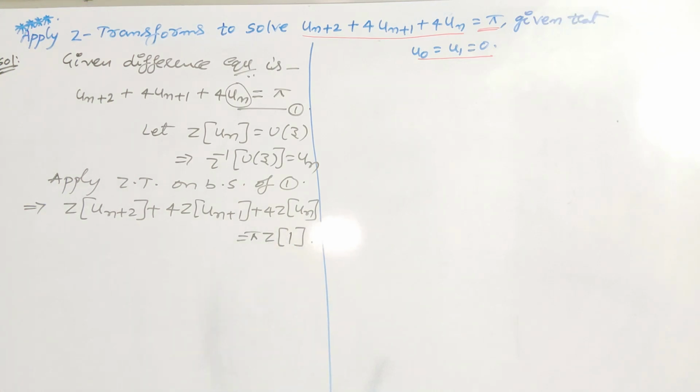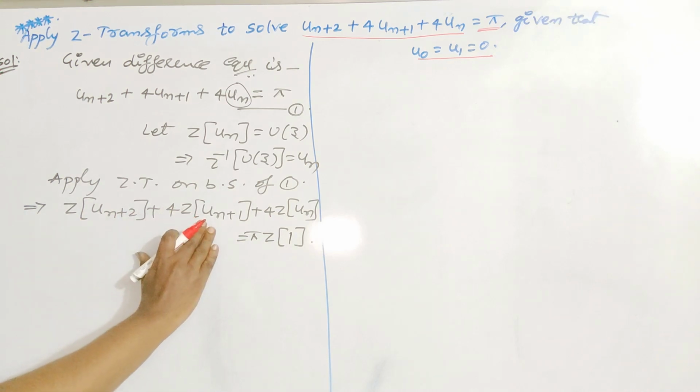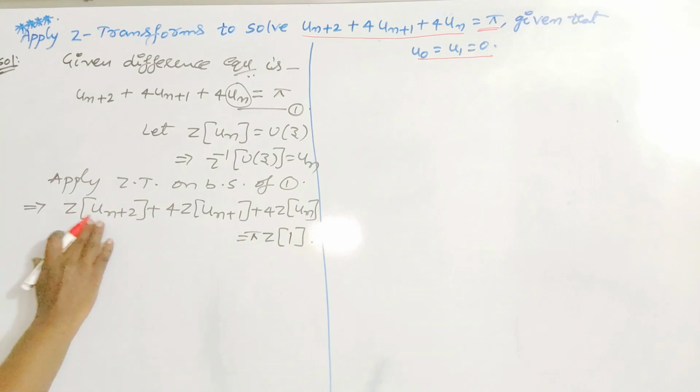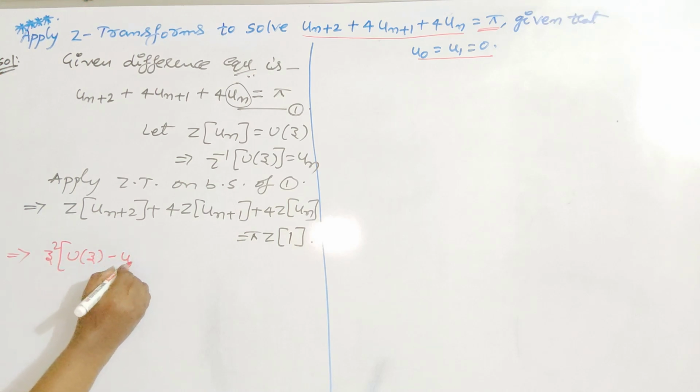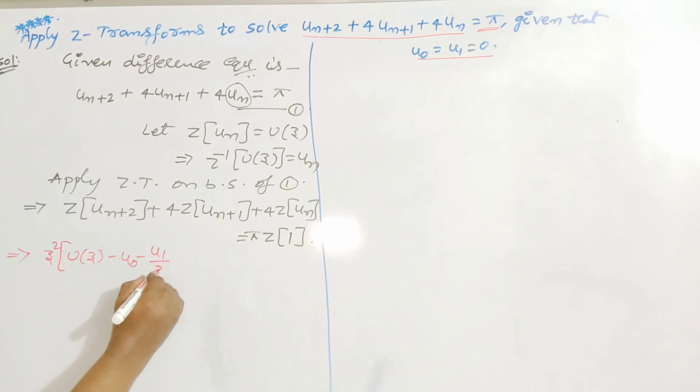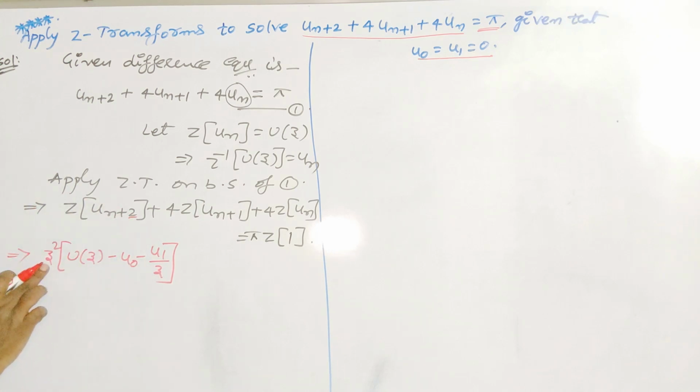Now we have to write the formula of Z transform of u(n+2) and Z transform of u(n+1) by using shifting properties. We have to write both formulas very carefully. That is very, very important. What is the formula for Z transform of u(n+2)? z squared into u bar minus u0 minus u1 by z. Since it is plus 2, you should start the formula with z squared.